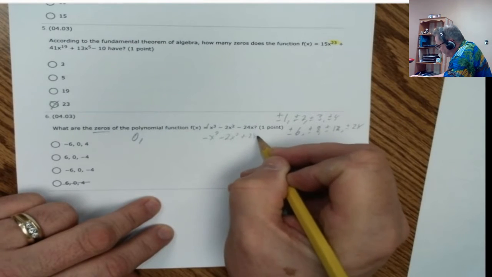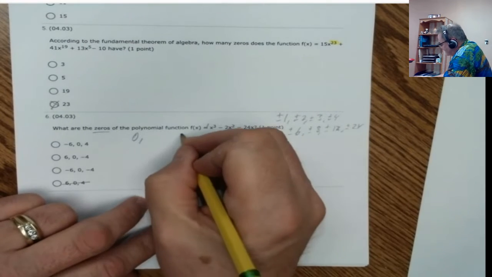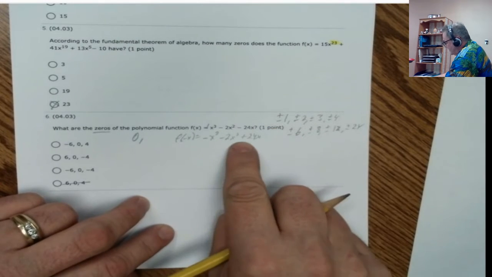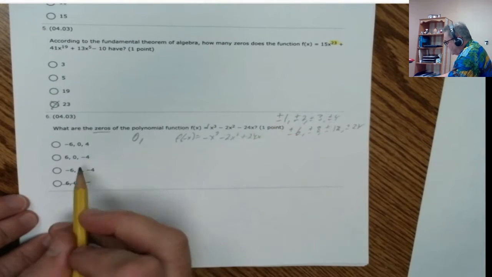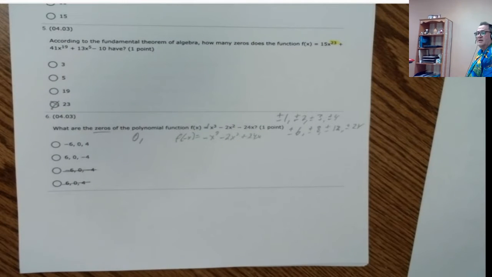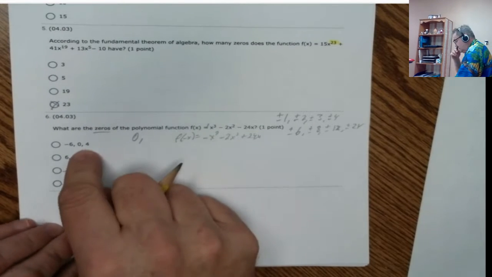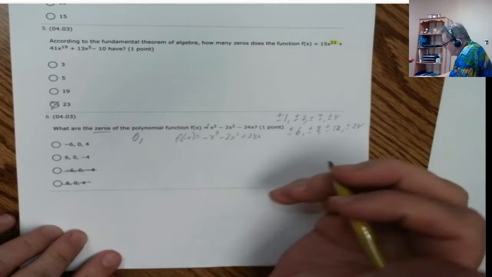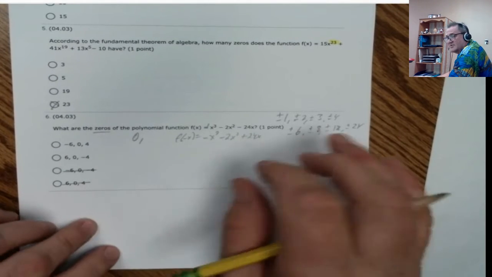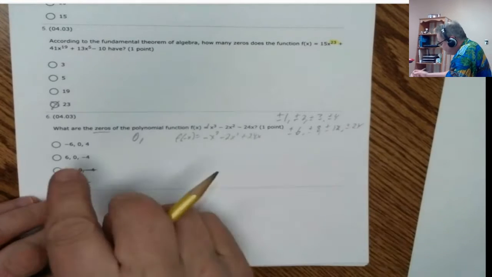And put a negative in there, that becomes a positive 24x. So f of negative x says negative, negative, positive, one sign change. So they can't both be negative, because there's not two negative roots either. So we know it's either 4 and negative 6 or negative 4 and positive 6. So we were able to rule some out just by using Descartes' rule of signs.